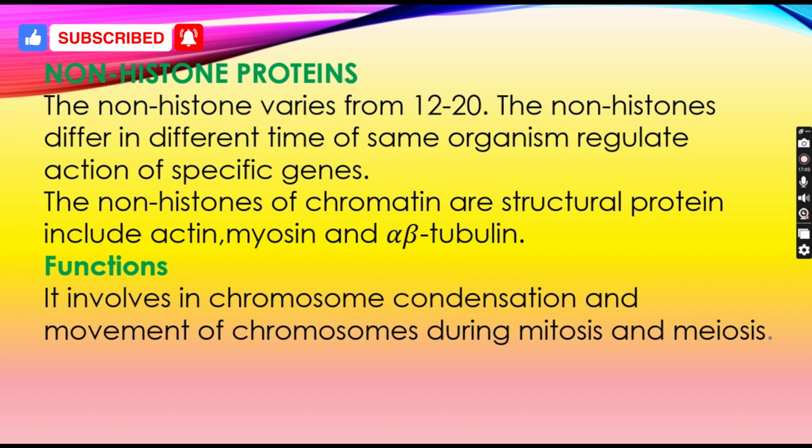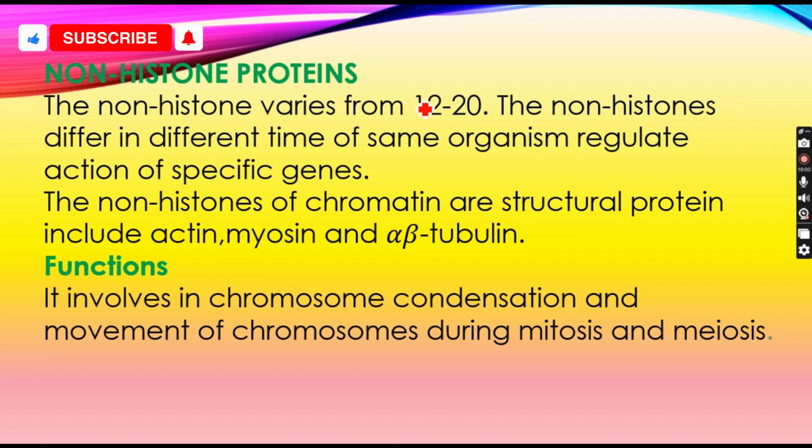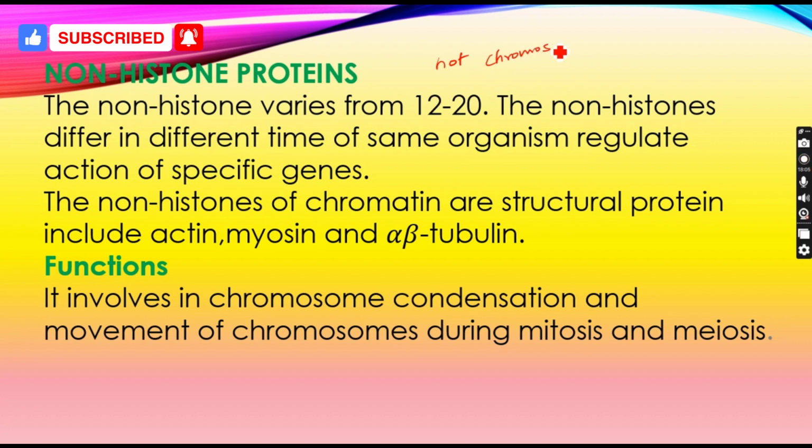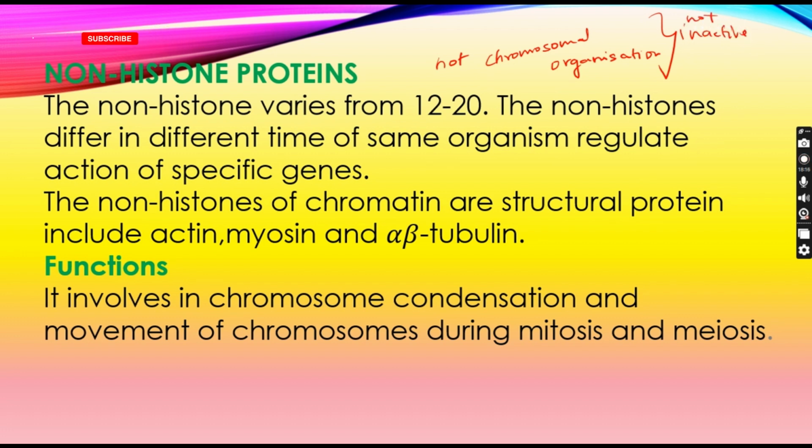Now we are going to see about non-histone proteins. Non-histone proteins are very important among the other histone proteins, because the non-histone proteins are not involved in chromosomal organization. They are not involved in the inactivation of the chromosome, but these non-histone proteins are involved in the activation of the chromosome, which means during cell division, their action comes into effect.